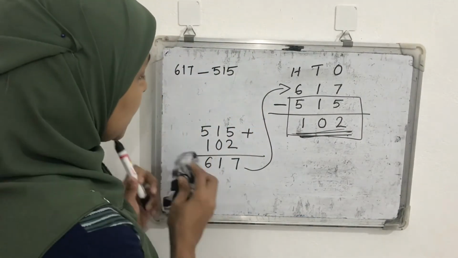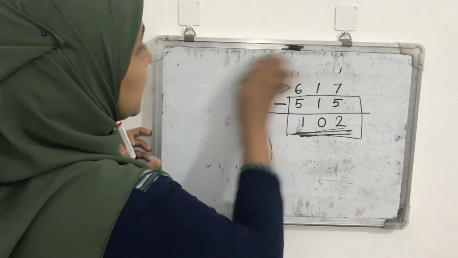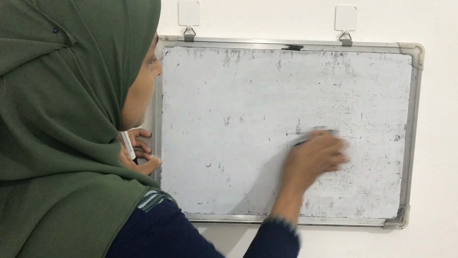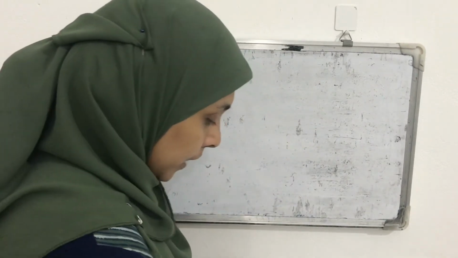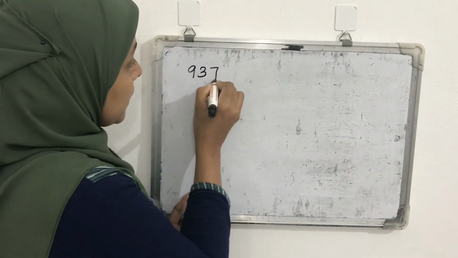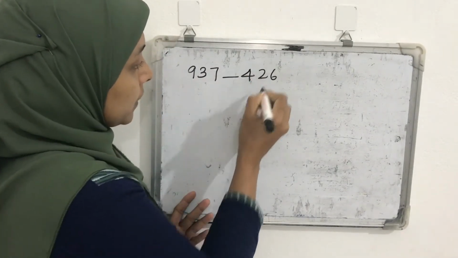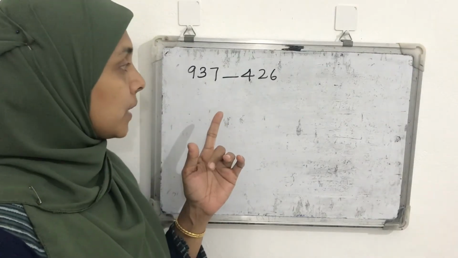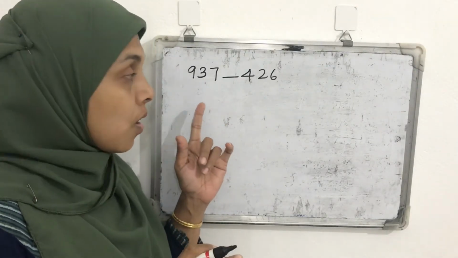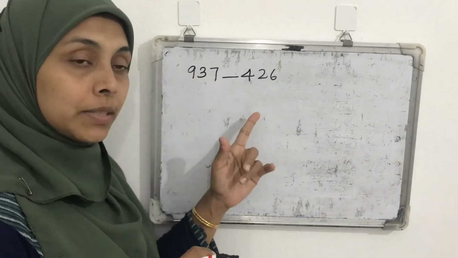Now the second question is 937 minus 426. The question will be like this: arrange in columns and subtract.